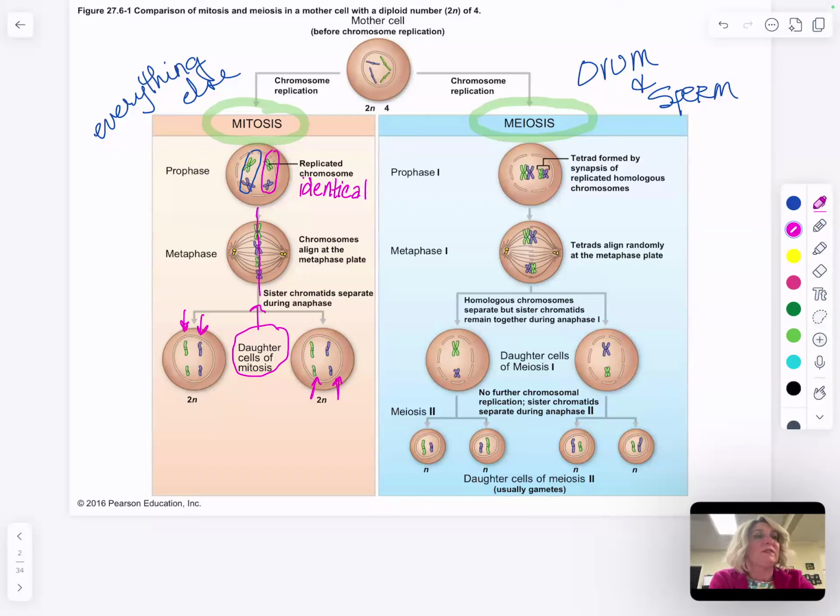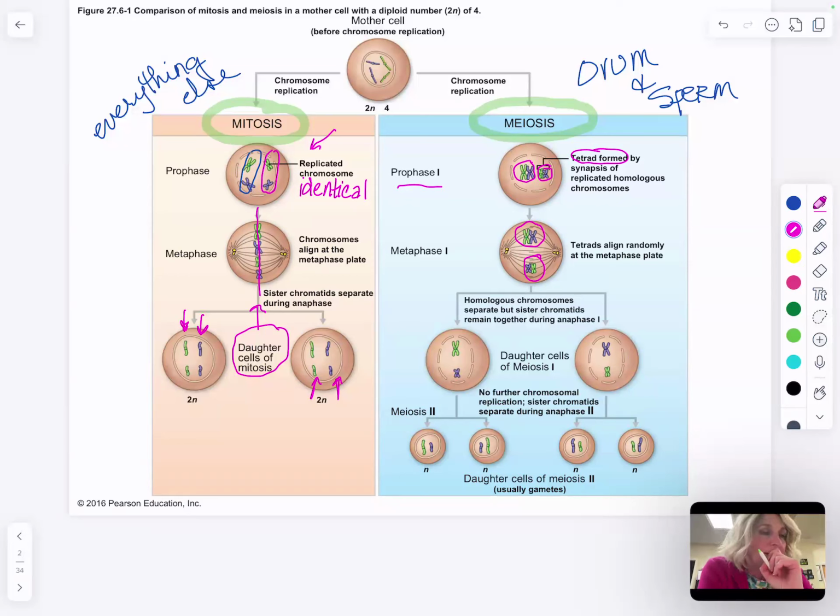So with meiosis in prophase, instead of replicating a set of chromosomes just like is seen here in mitosis, you have a tetrad that's formed, where you have these two guys grouped together, and then they form that group right there. Then from there, they line up differently in metaphase 1. It's not lined up in a row like in mitosis.